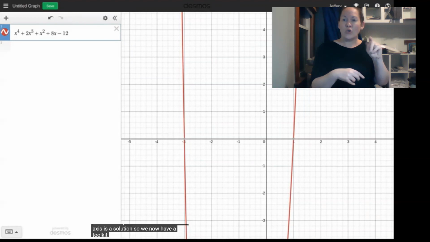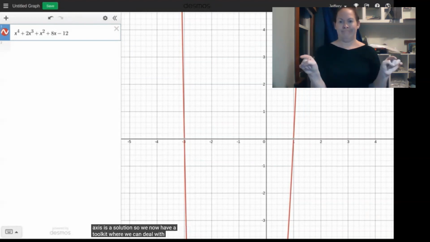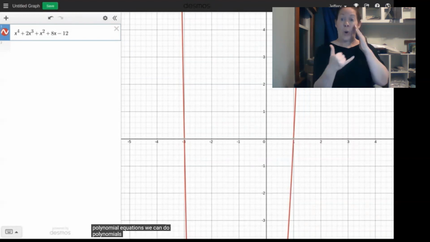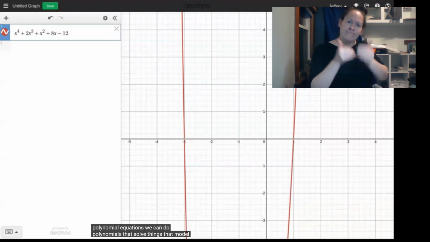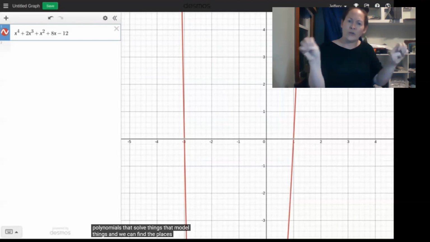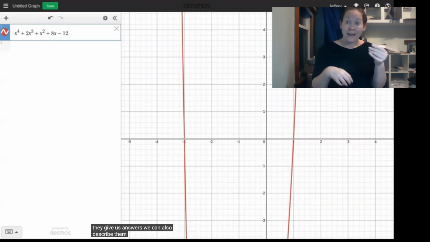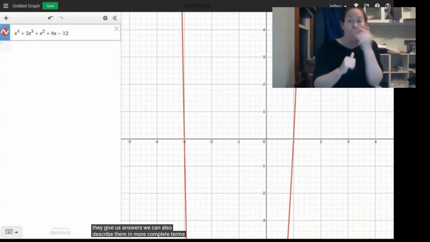So we now have a toolkit where we can deal with polynomial equations. We can do polynomials that solve things, that model things, and we can find the places where they give us answers. We can also describe them in more complete terms.